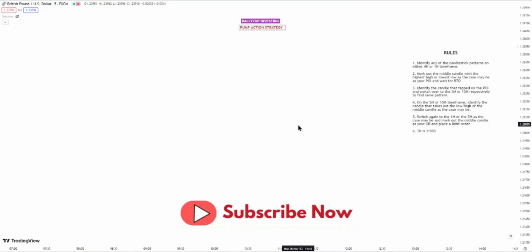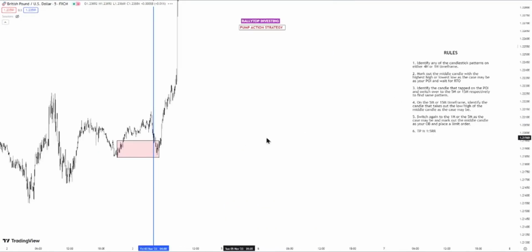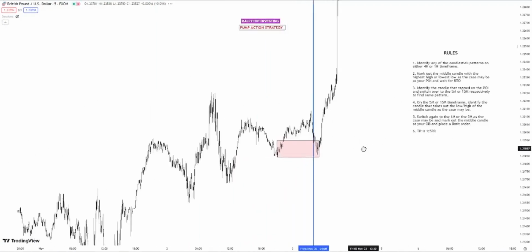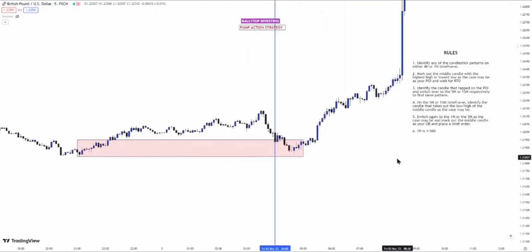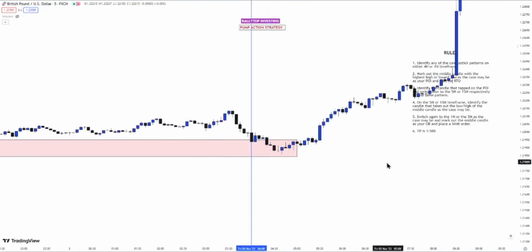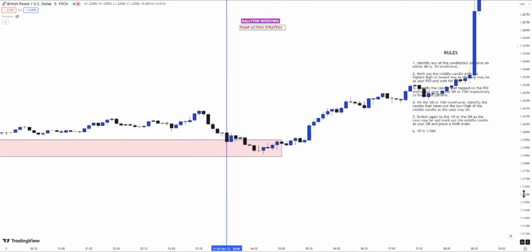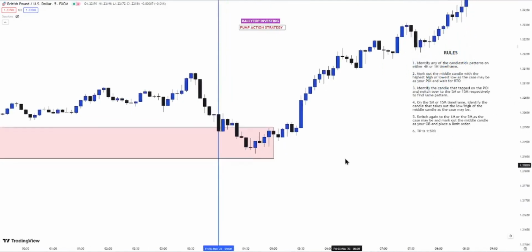Let's see what happens on the 5M. Okay, so this is the 5M. That's the vertical line that we placed on the 1 hour time frame. All right, that's the vertical line. So now, because that's the vertical line, take a look at this.